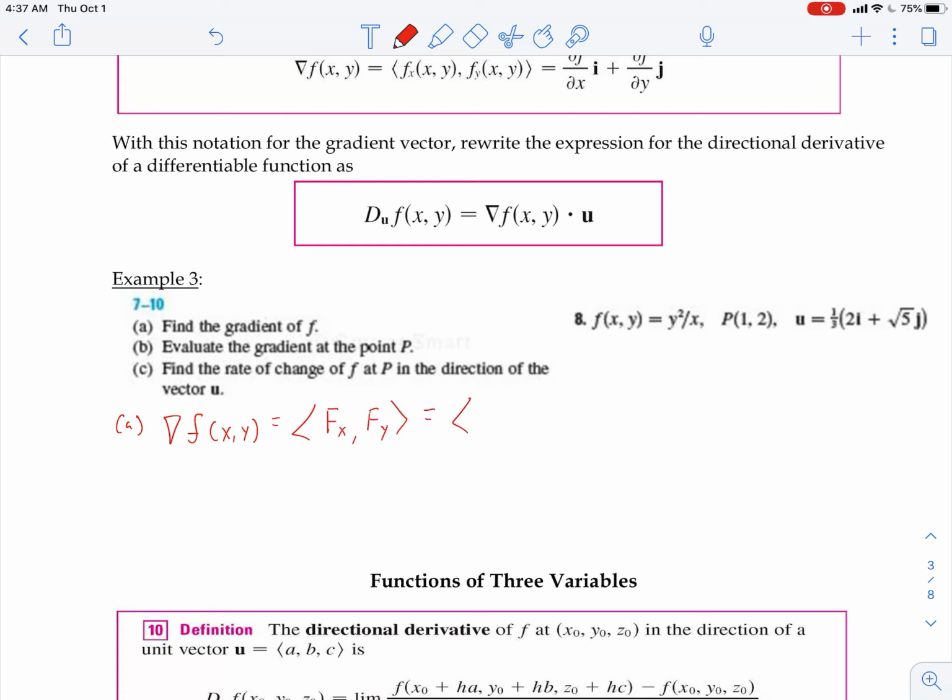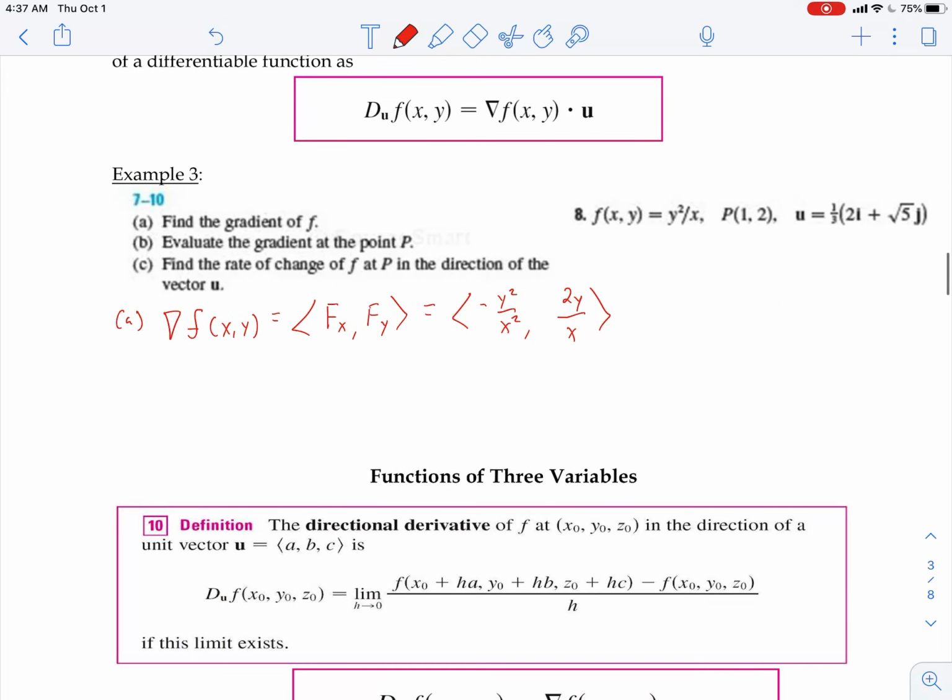So the partial derivative of the function y squared over x with respect to x, again, that's x to the negative 1, so I'm going to have negative y squared over x squared. So there's the partial derivative with respect to x. The partial derivative with respect to y is just going to be 2y over x.